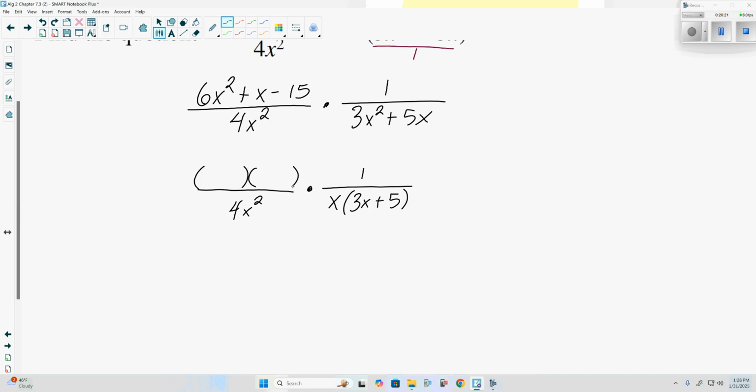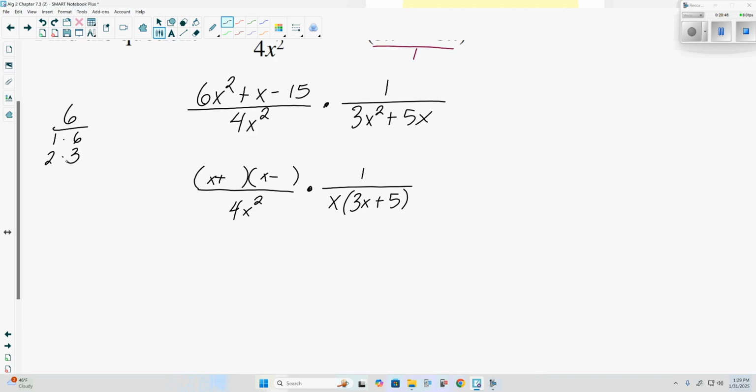Now, our 6x squared plus x minus 15, no greatest common factor. Since the third term is negative, our signs are opposite. Factors of 6x squared, well, we know x squared is going to be x and x. So we have 1 and 6 or 2 and 3.